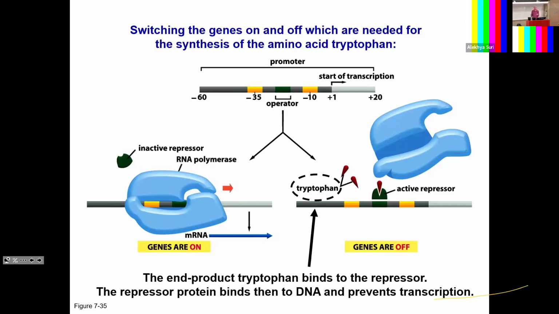So it's like a feedback mechanism. A lot of the product is present, so we don't need any synthesis anymore. So RNA polymerase is, in this case, removed from the DNA.